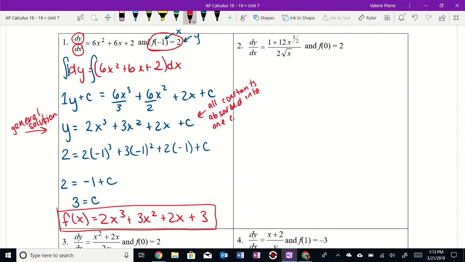Okay, so let's do another problem. Here we have, again, dy being our only y value. We're going to move the dx over to the other side. So we have dy is equal to 1 plus 12x to the 3 halves over 2x to the 1 half dx.